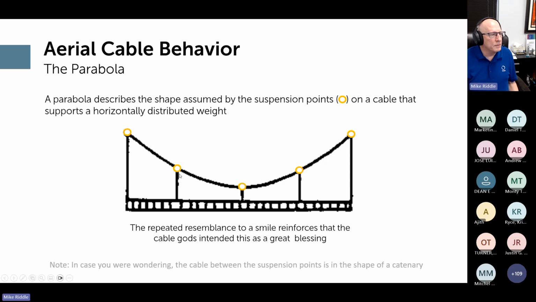These are the suspension points. Again, it resembles a smile, so it's warm and welcoming. And in case you're wondering, the cable between the attachment points is still that catenary shape. May not look like it at first glance, but it's true.